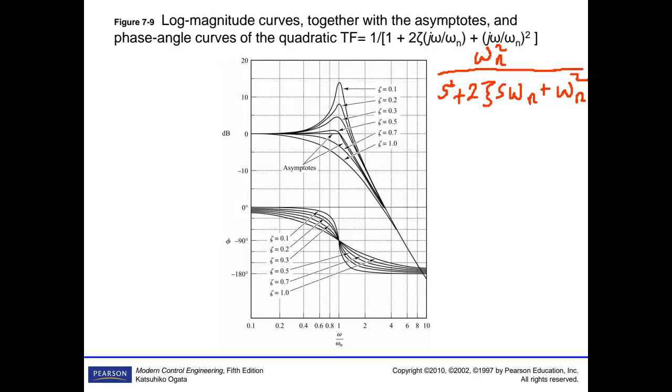So we replaced with j omega. Okay. So you divide it by omega n square. Therefore, the numerator is 1. Neyse ki, you are not going to draw those curves. I'm going to amplify it. The Bode plot, the MATLAB is going to draw your curve, and it's going to be giving you those curves.